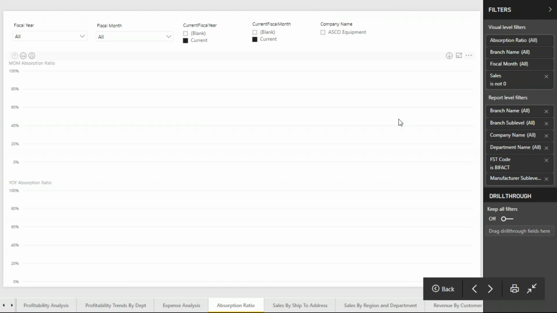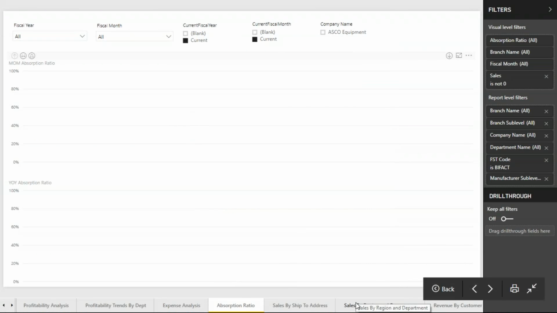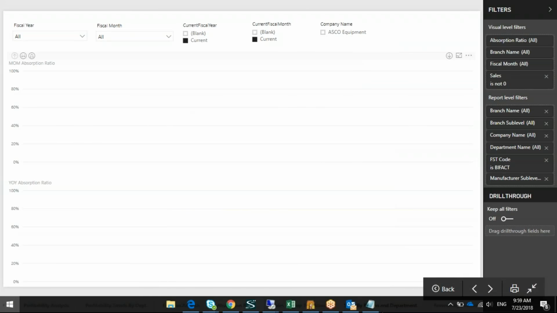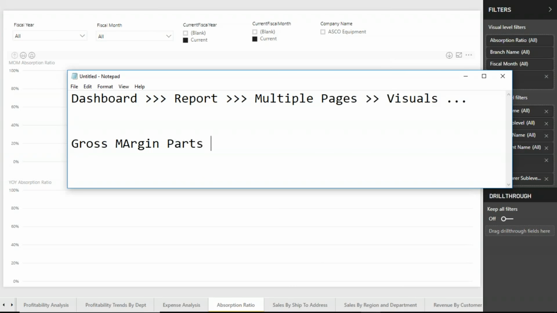We'll check on why this is not showing up, but essentially this is supposed to give you the absorption ratio. The way we calculate the absorption ratio, since there's 1,000 ways, is gross margin from your product support, that is your parts and service, divided by the total expense.